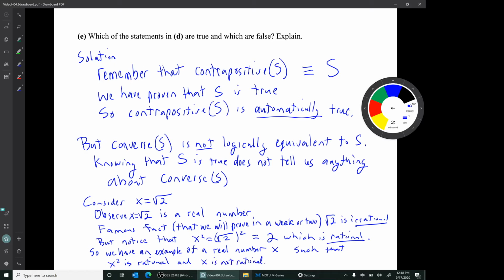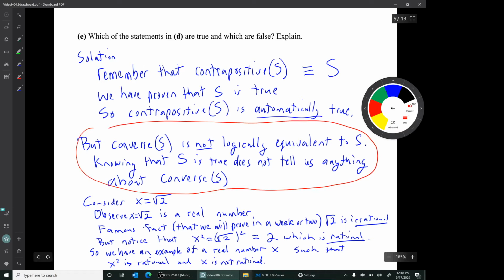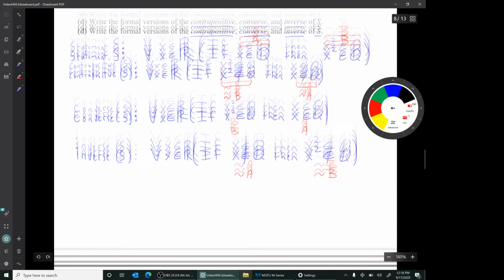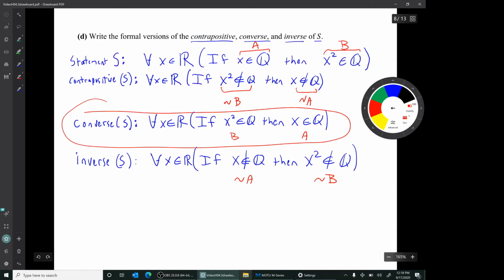So that example is a counterexample that proves the converse is false. The converse says for all real numbers, if x squared is rational, then x is rational. We have an example of a real number where x squared is rational, but x is not rational.